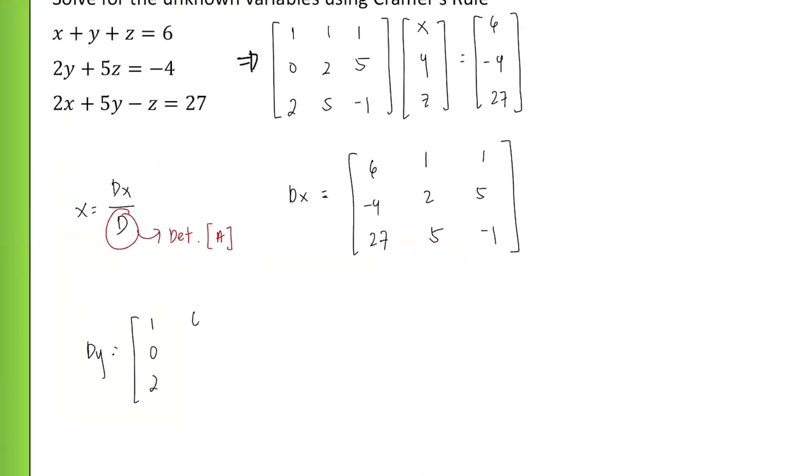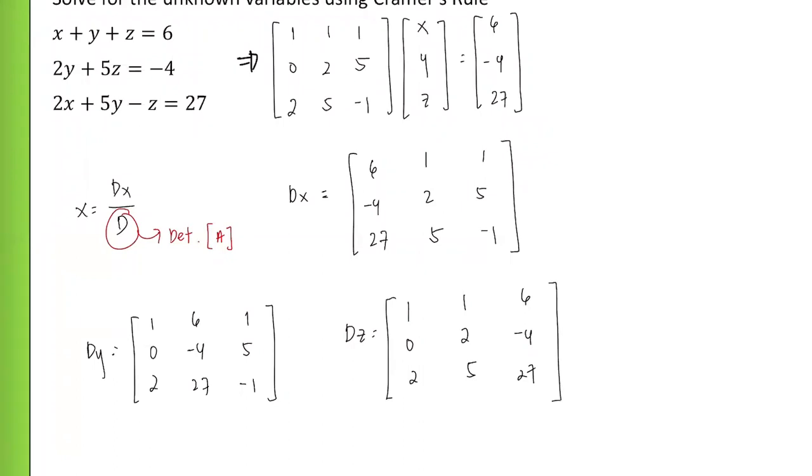Then sa y, papalitan mo 6, negative 4, 27, 1, 5, negative 1. And then, para kay dz, sa z mo naman yung papalitan mo. Ayan. So, meron tayong dx, dy, and dz.